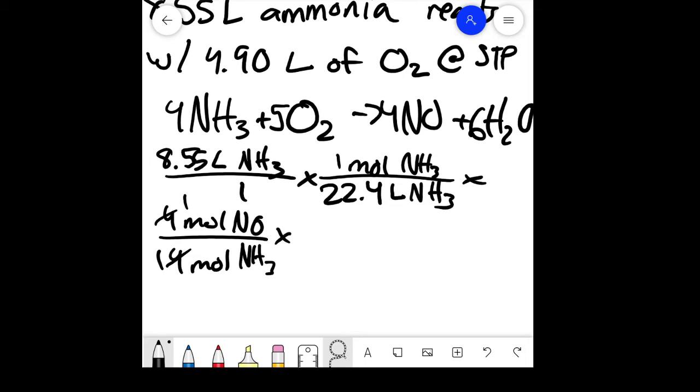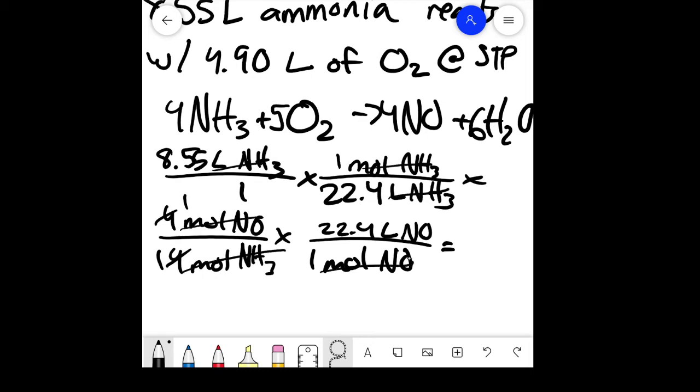And then we want it back in liters. So we're just going to say 1 mole nitrogen monoxide equals 22.4 liters. When you do this problem, our units all cancel out so nicely.